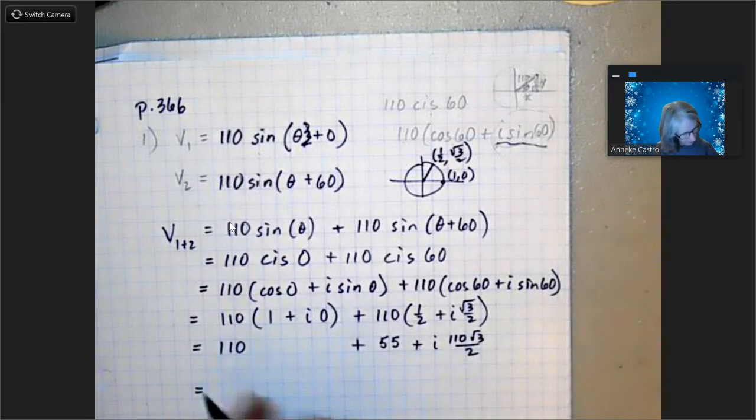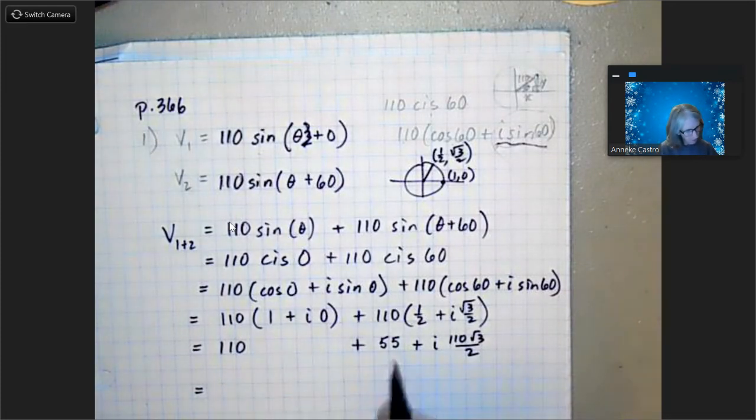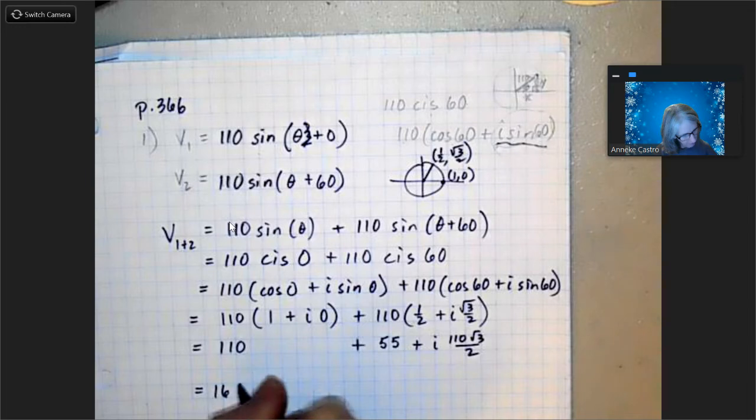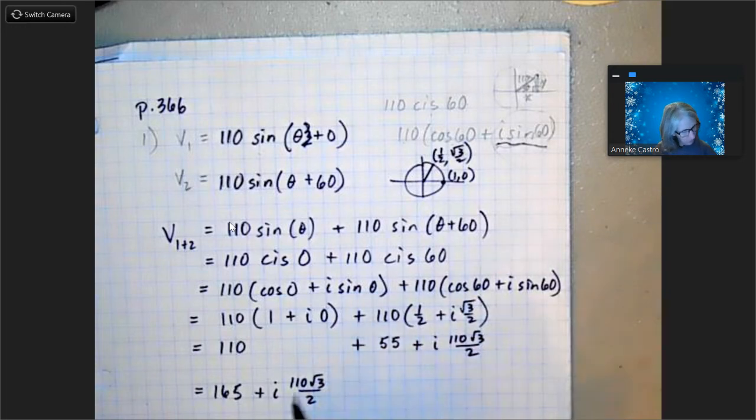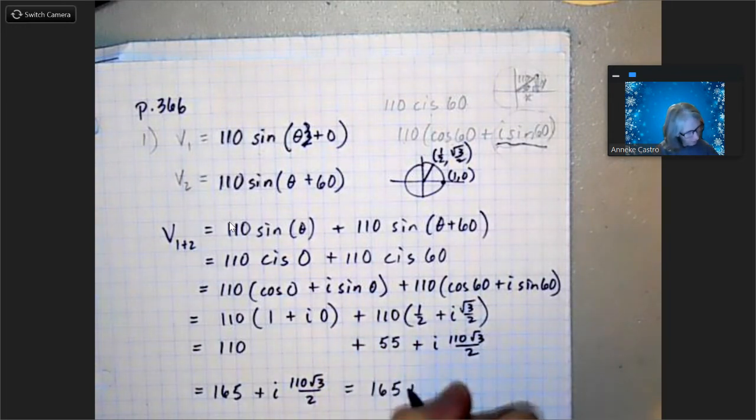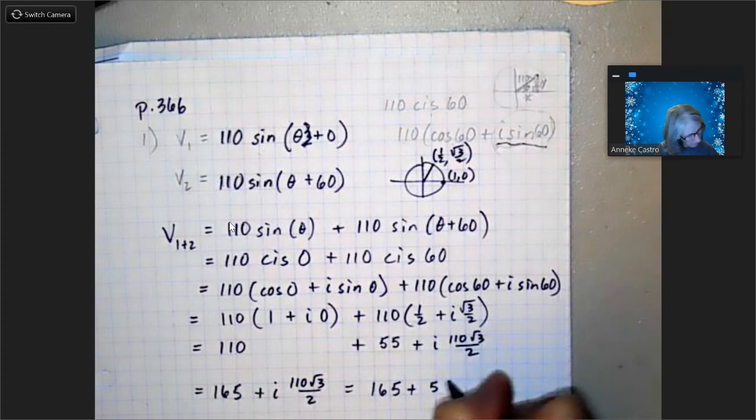Now I can add the real parts together. 110 plus 55 is 165, plus i times 110 root 3 over 2. And I could reduce that actually. 165 plus 55 root 3, that's times i.